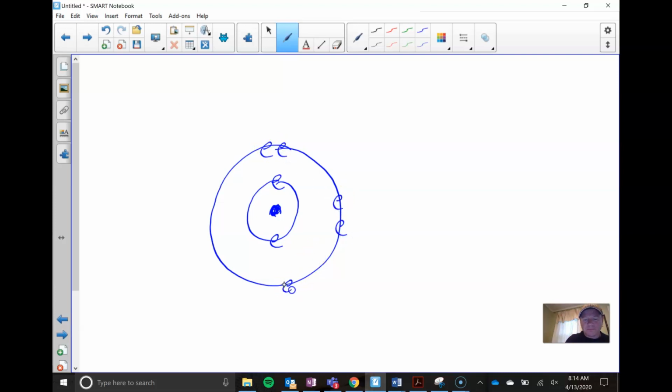Before you go up to the next higher energy level, you have to have the previous one full. So I couldn't just have 1 electron in the first energy level and then start filling up the second. You've got to completely fill up one before you go to the next.